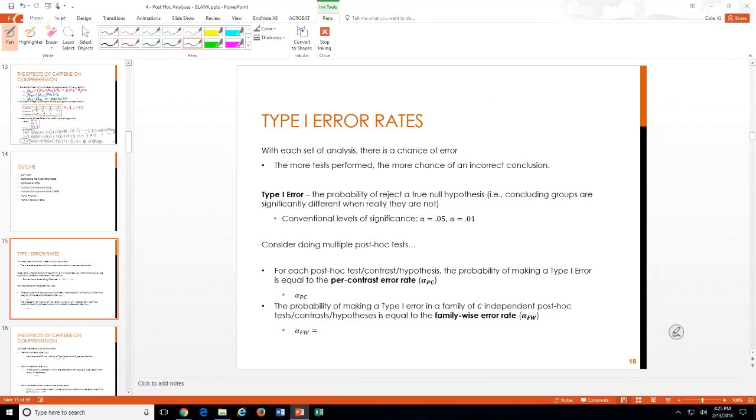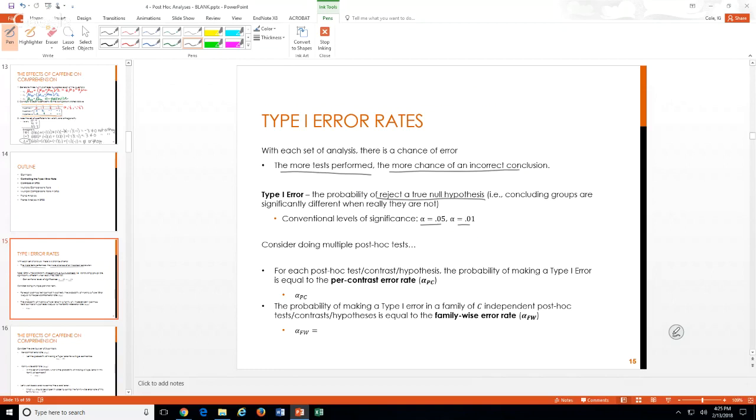So the more tests that you perform, the more chance of an incorrect conclusion. Again, type 1 error is the probability of rejecting a true null hypothesis, and conventional levels we've seen are 0.05 and 0.01. We have to keep this in mind when we do multiple post hoc tests.